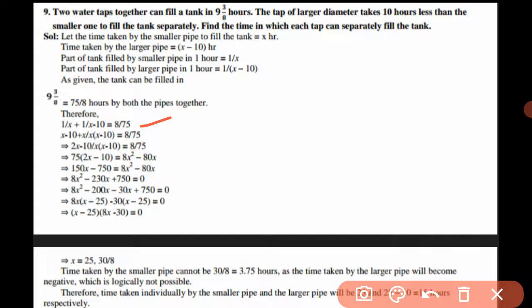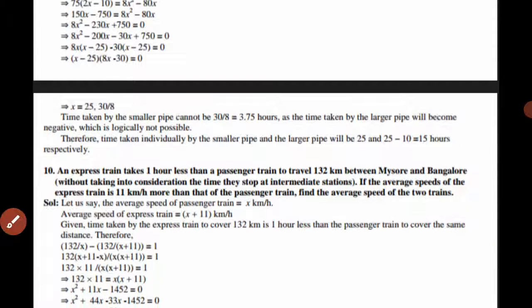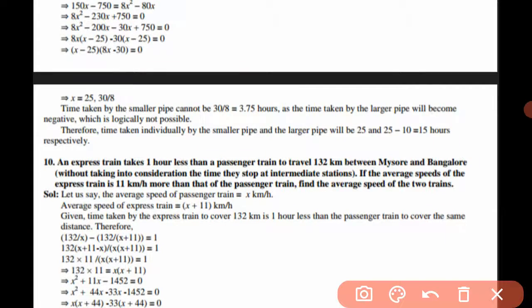So by solving, the equation will become 8x square minus 230x plus 750. By solving it, the value of x will be equal to 25 and 30 upon 8. So here the time would be 30 upon 8, that is 3.75 hours.